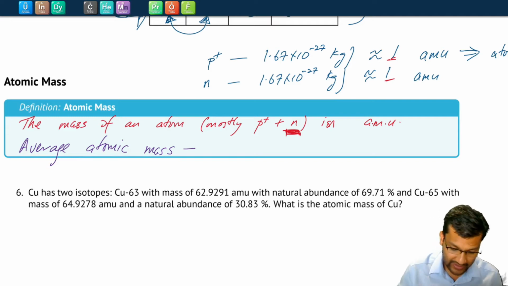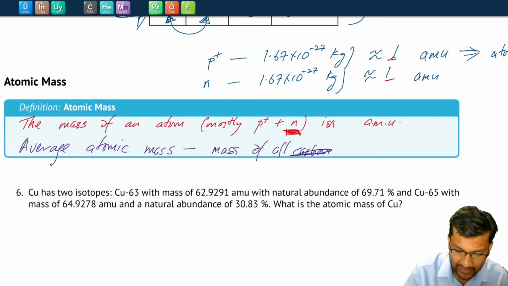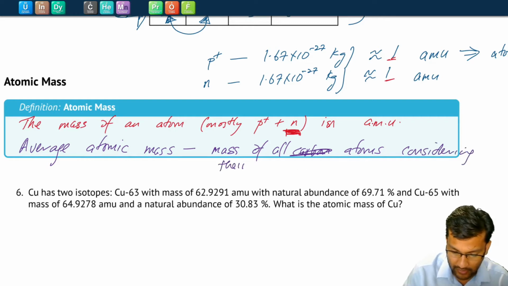And so we think of it as the mass of all carbon atoms, or all atoms, considering their abundance. It's an average.